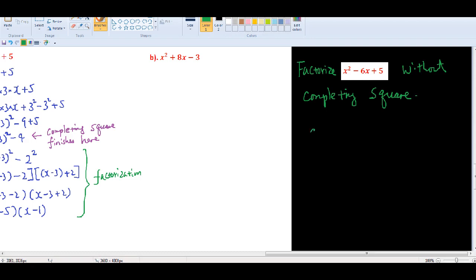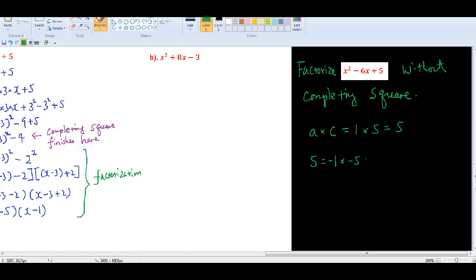So a times c, where a is the coefficient of x squared and c is the last constant, should be 5. And the middle term is minus 6. So you need to think about a pair of factors of 5 which are both negative. So you need to have minus 1 times minus 5. This is the only possible pair of factors for 5.